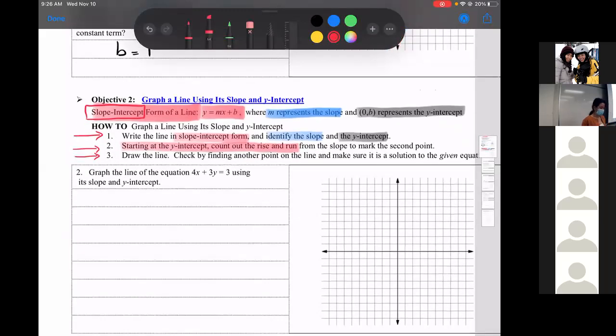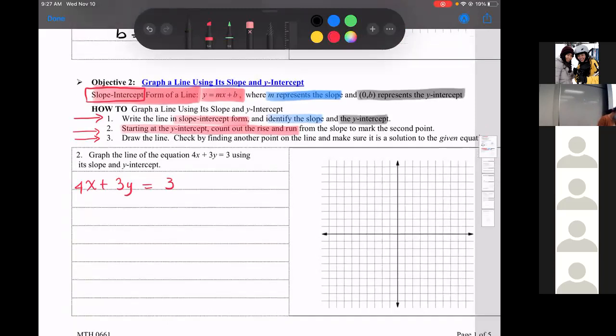All right, so let's do this. If I have the equation 4x plus 3y equals 3, what should I do first? According to the first step, what should I do first? Yeah, you need to solve for y, right? You need to write it as the slope-intercept form.